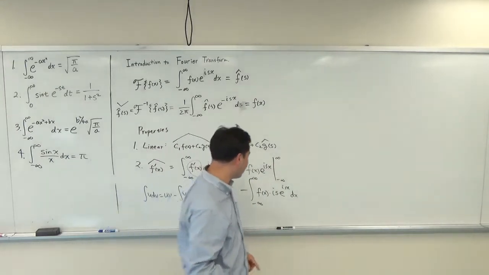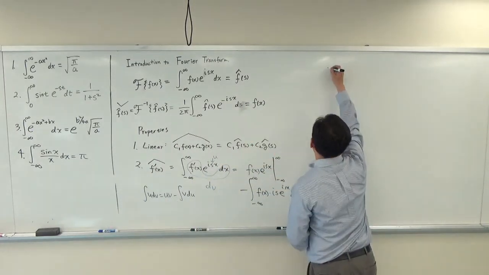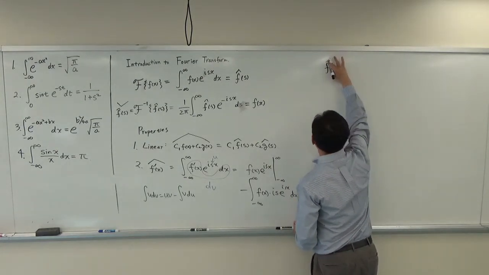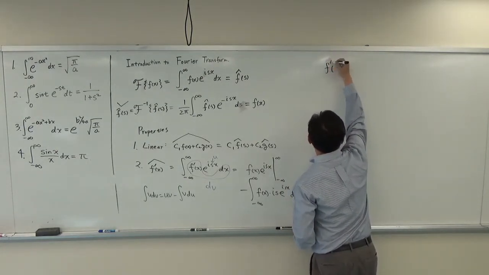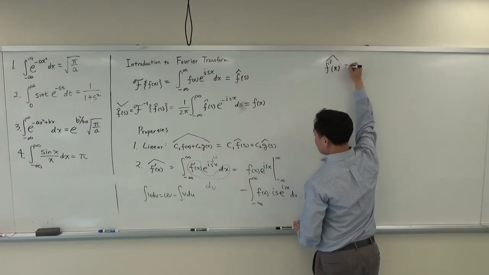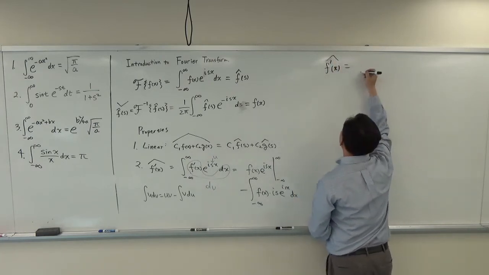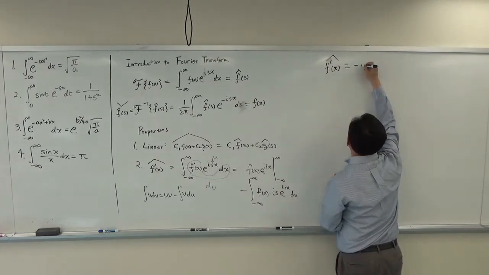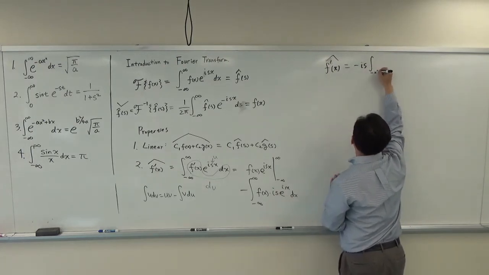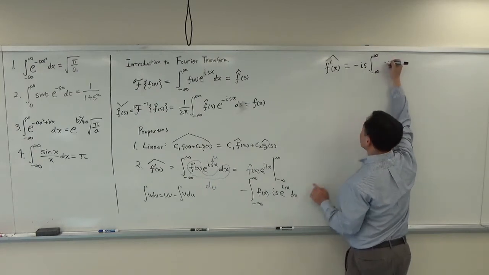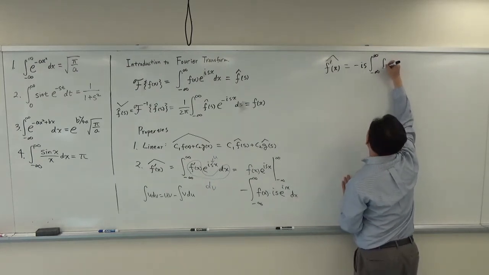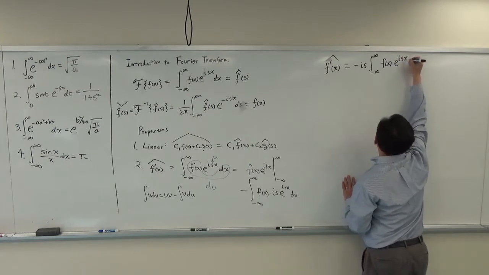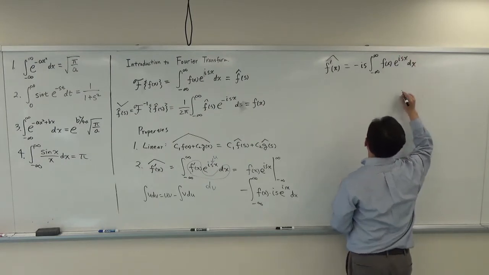And look at what that is. That really is saying that the Fourier transform of f prime of x is equal to negative, and I can bring out the is outside because that has nothing to do with the dx, so you get f of x e to the isx dx. Now look at this.